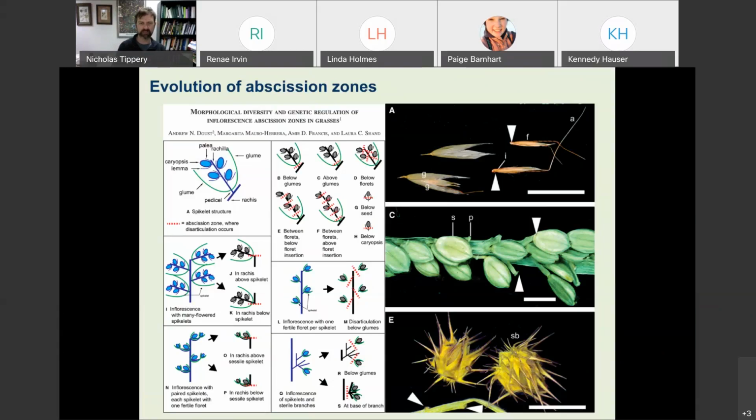And this is just, I found this kind of interesting. It can be rather complex as a plant sort of deciding where to cut if you're going to drop something off. So this is a variety of different strategies in the grass family. As far as on this illustration here, these red dashed areas are where the abscission happens.